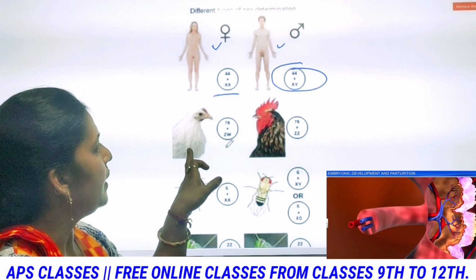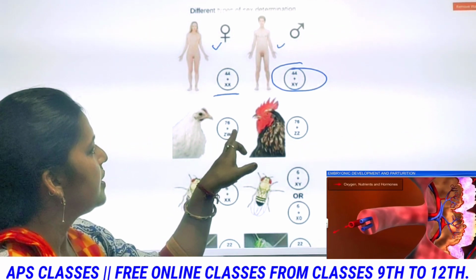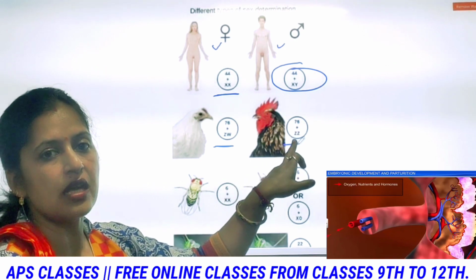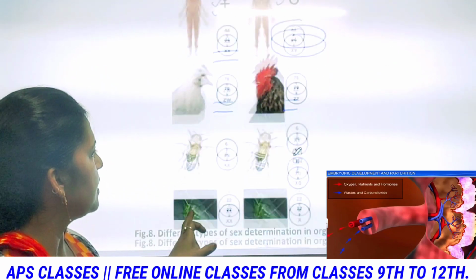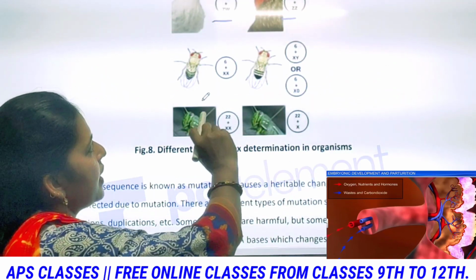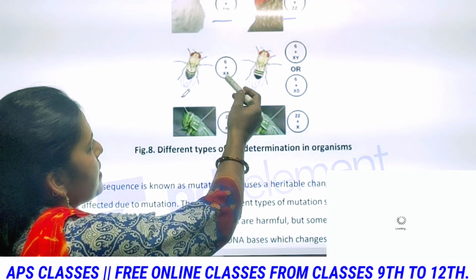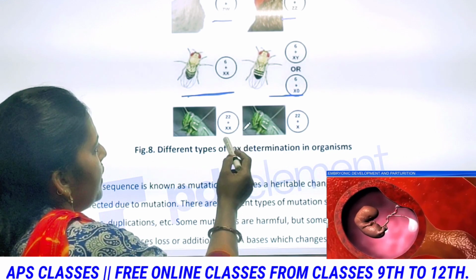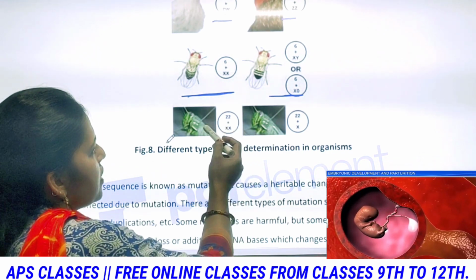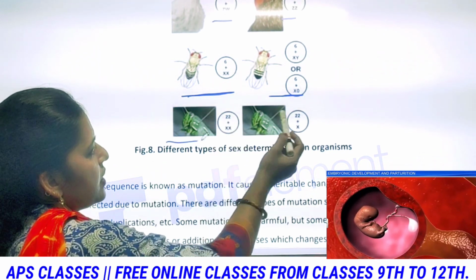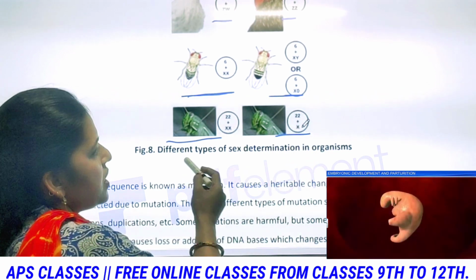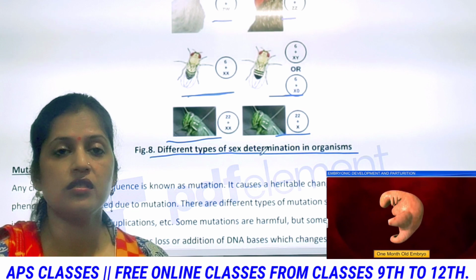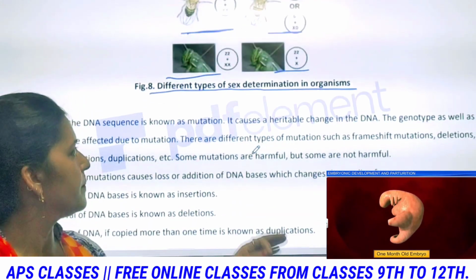This is the birds, that is 76 plus ZW, whereas 76 plus ZZ. Next are the insects, that is 6 plus XX, 6 plus XY, or 6 plus XO. Next, in case of grasshopper, 22 plus XX, 22 plus X. So these are the different types of the sex determination in the different types of the organisms.